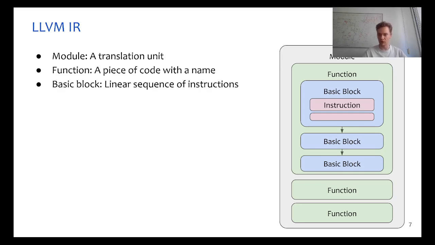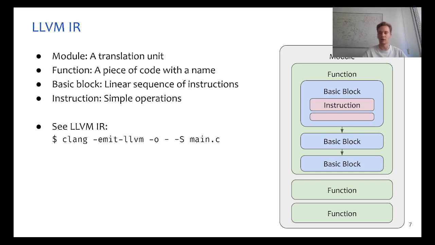Functions contain basic blocks. Basic blocks are just linear sequences of instructions without control flow, and instructions themselves are just simple operations, like this add we have seen before. You can take a look at LLVM IR and how your C code, for example, gets transformed to LLVM IR by running a command like this.